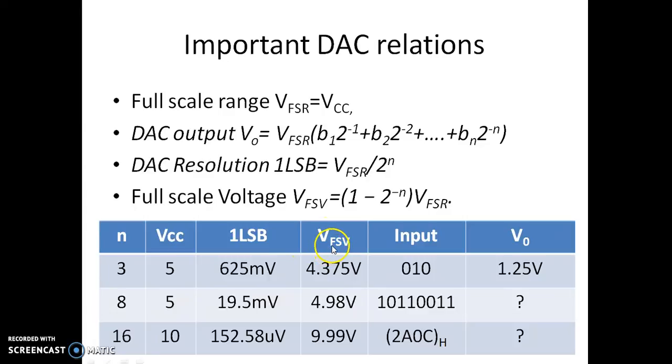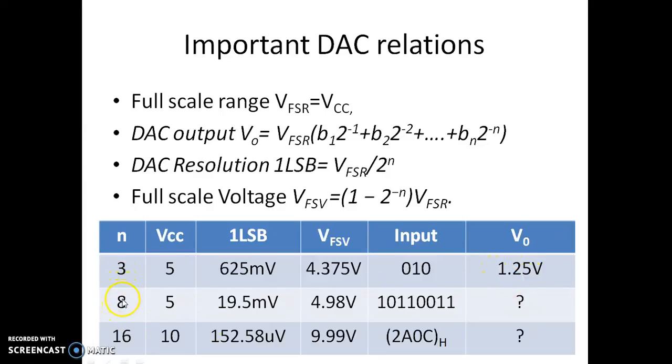So VFSV, that is full scale voltage of this DAC having 3 bits and a VCC of 5 volts, is VCC minus 1 LSB, which happens to be 4.375 volts. For an input combination of 0, 1, 0, where 0 is MSB, 1 is the in-between term and 0 is LSB, this ends up with the output voltage of 1.25 volts.